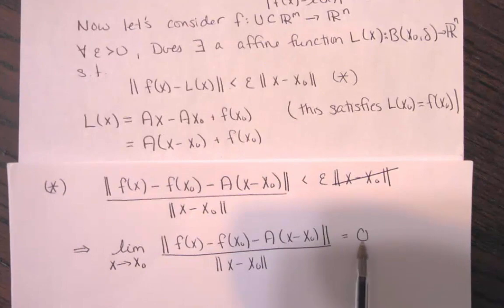And if this limit exists for a linear mapping, which is to say a matrix A, right? A linear mapping can always be represented by a matrix so long as I have a basis, and I do because I'm working in R^n and R^m.